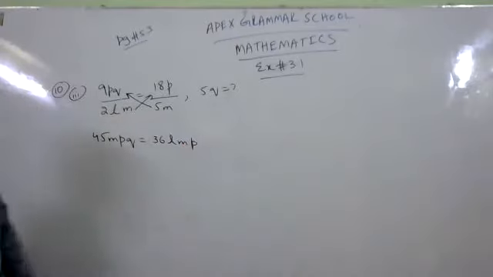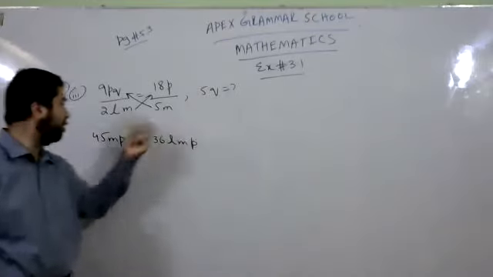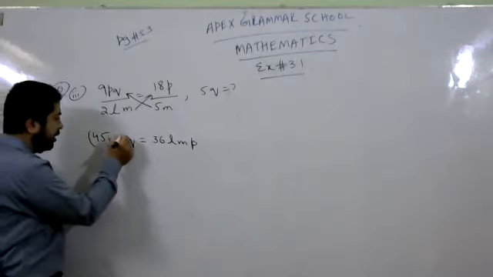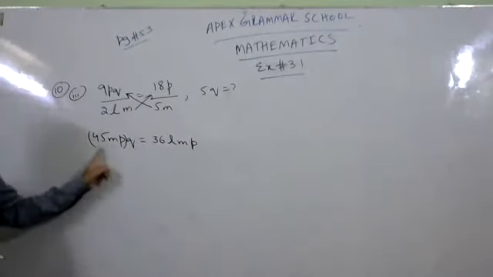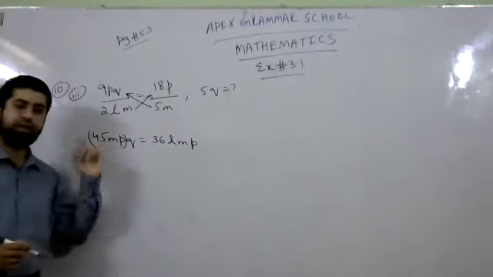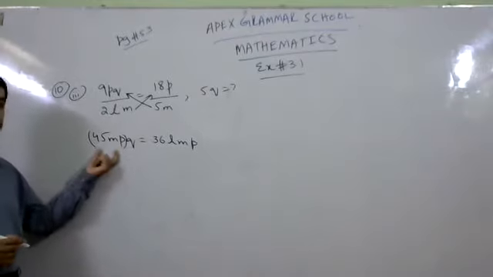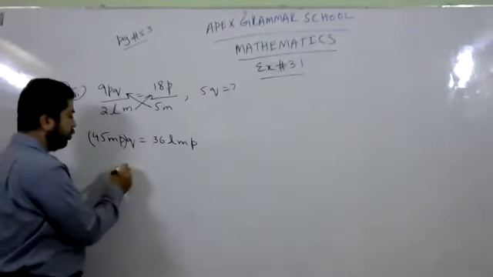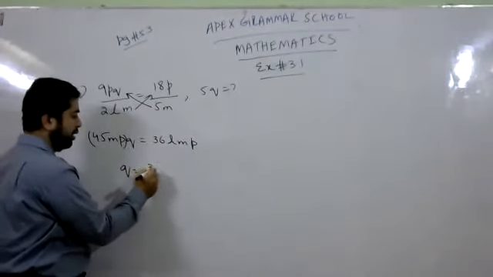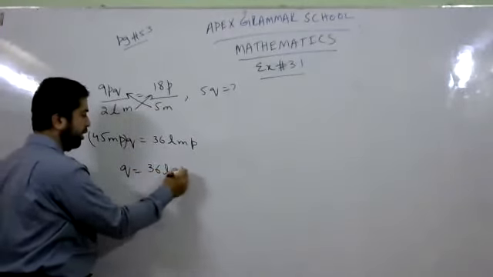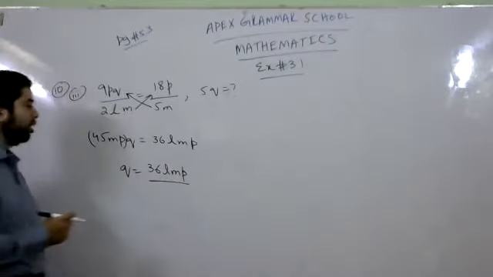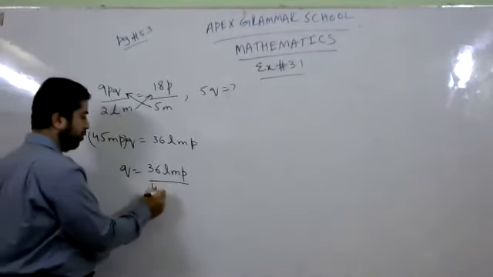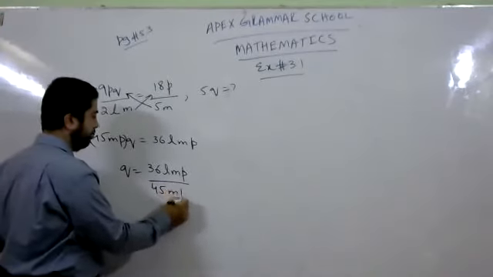Now you need to find only the value of q here. All these things, 45mp, are multiplied with q, so we're going to divide on the other side. So the value of q is 36lmp divided by 45mp.